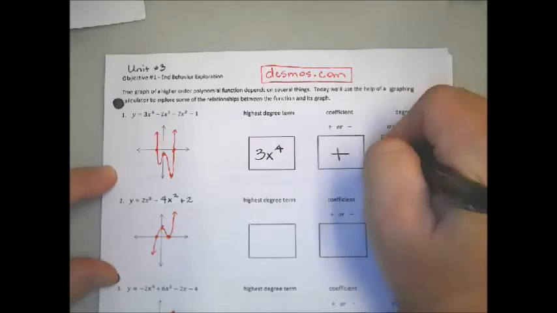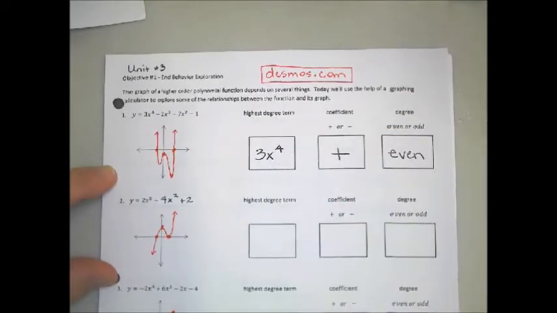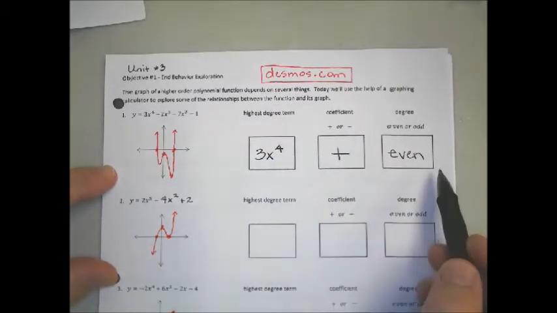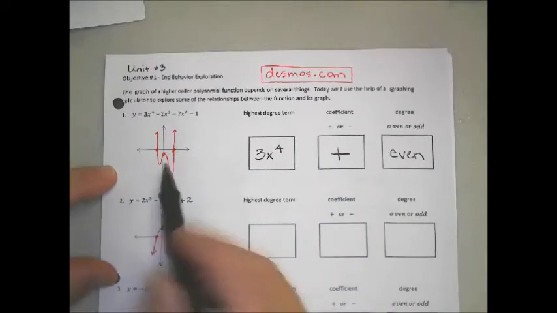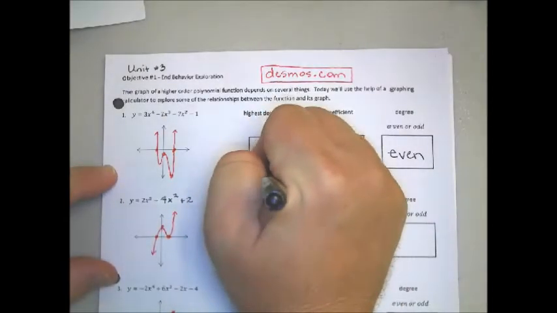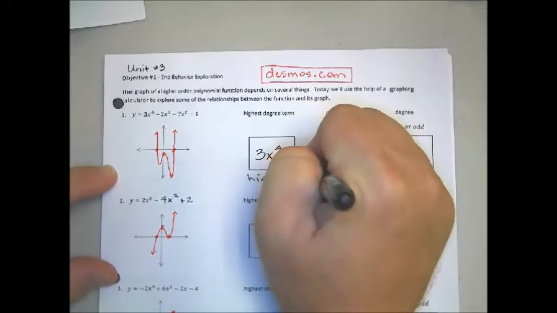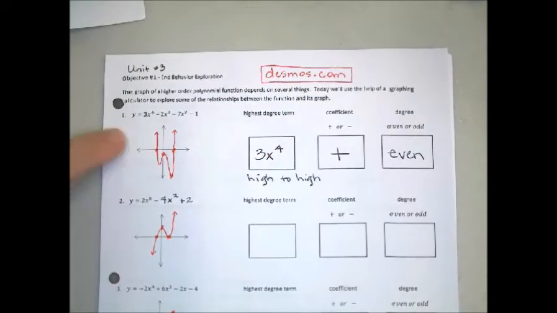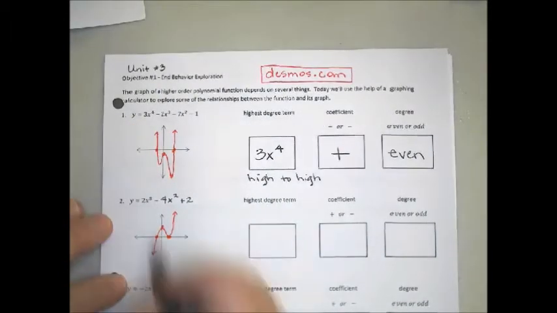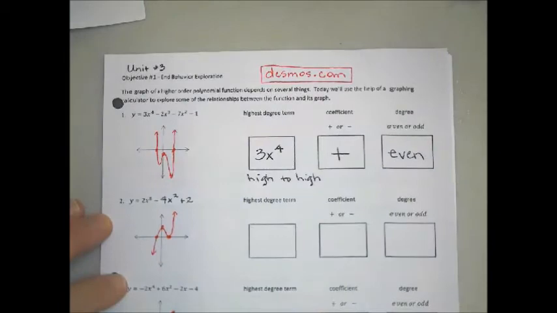It's obviously even. Now, there are characteristics when you have this situation. This graph is referred to as a high to high behavior graph. It starts high, it does some bouncing around, but it ends going up also. So that's called high to high.